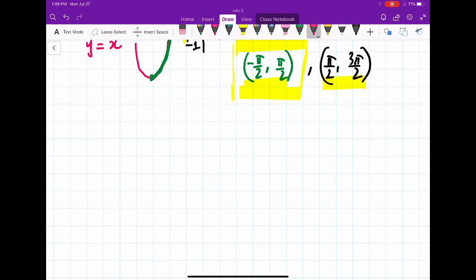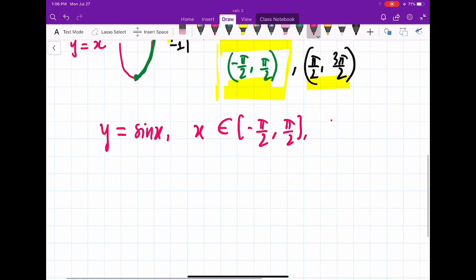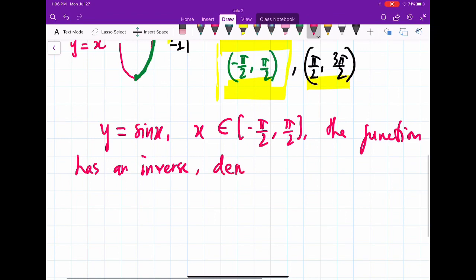Then, as we have seen, when x is between negative pi over 2 and pi over 2, the function has an inverse. And I denote by arc psi of x, that is the inverse of psi.